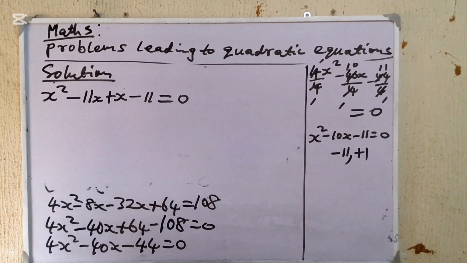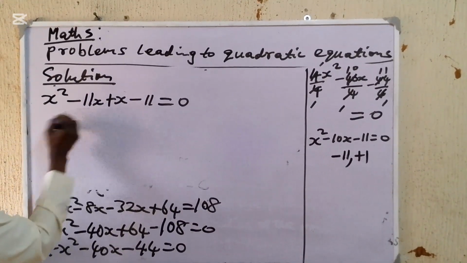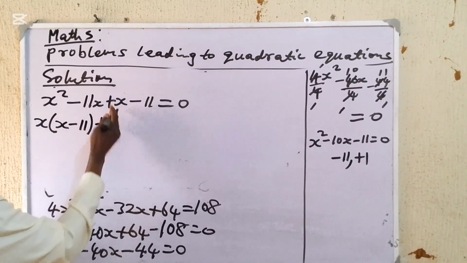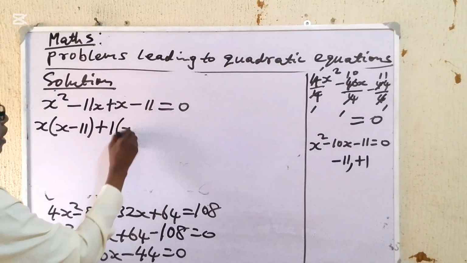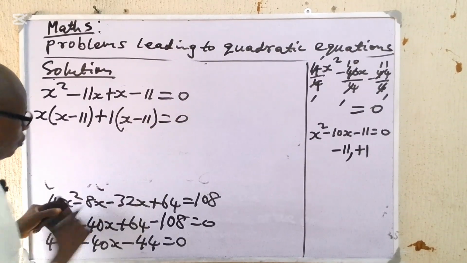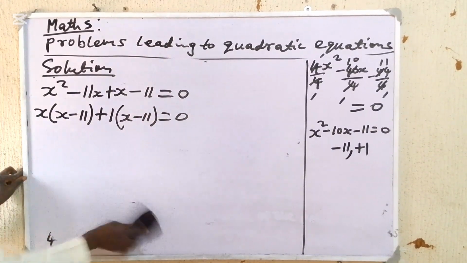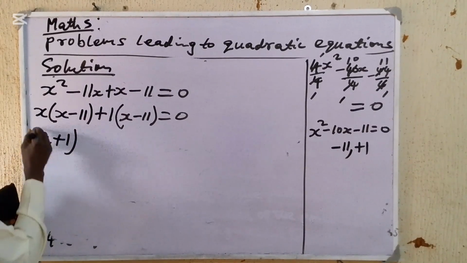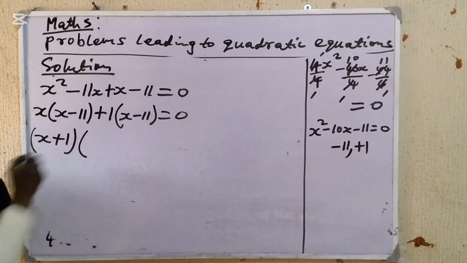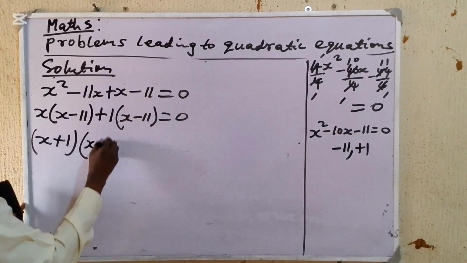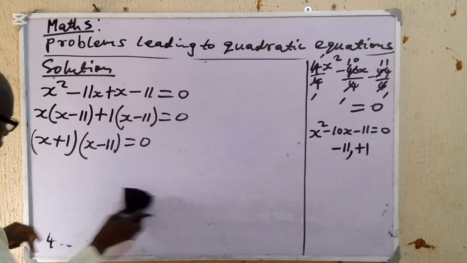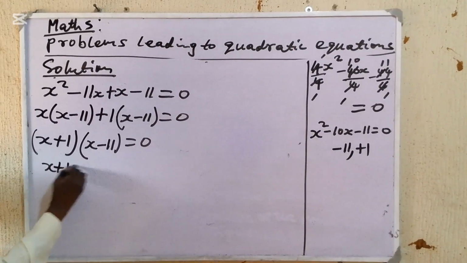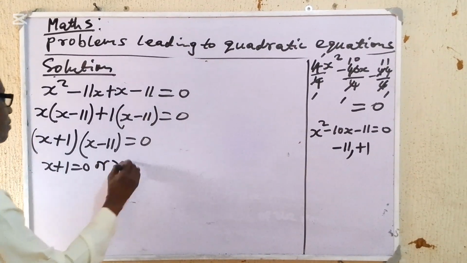So we factorize by grouping. In this one, we have x common, x minus 11 plus what is common here is 1. X minus 11 equal to 0. And in order to move on, we have x plus 1, that is this and this, into x minus 11 equal to 0.